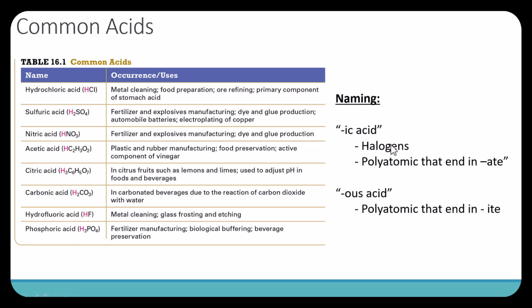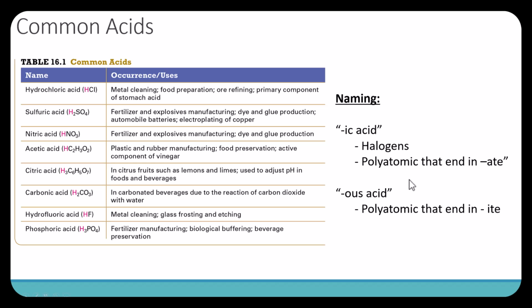And then the last type of naming that I'm going to talk about for acids is polyatomics that end in ite, so sulfite, nitrite. There's no examples over here, but instead of being nitric, if it was nitrite, this would be nitrous. We'd put ous acid.